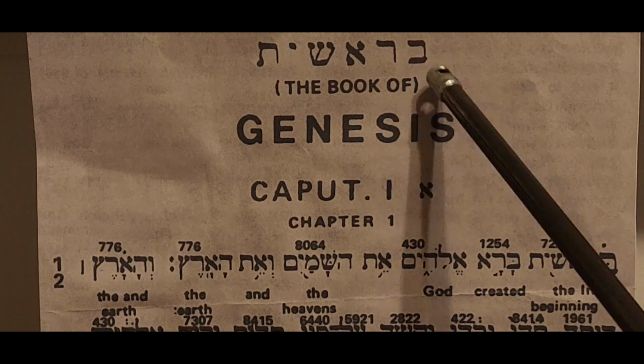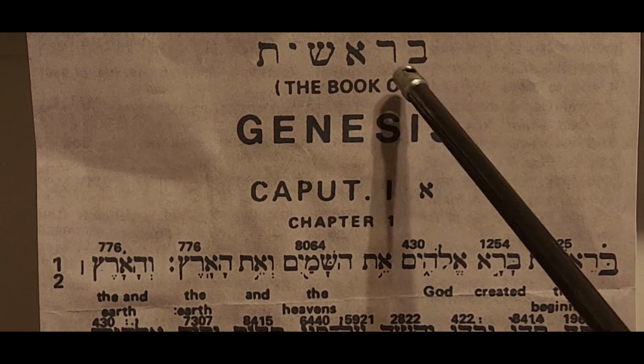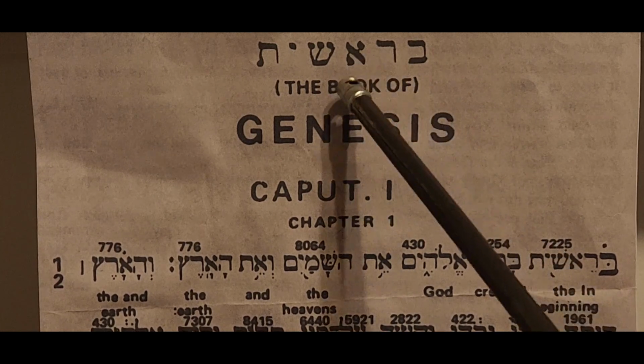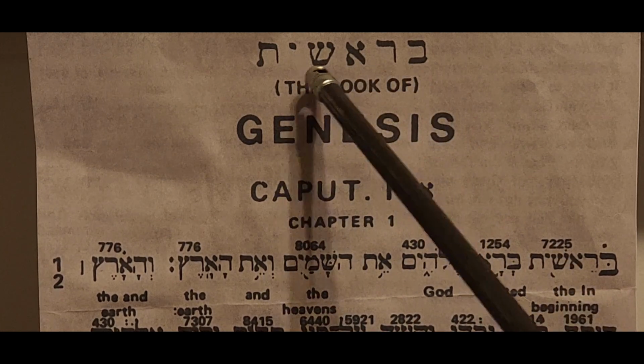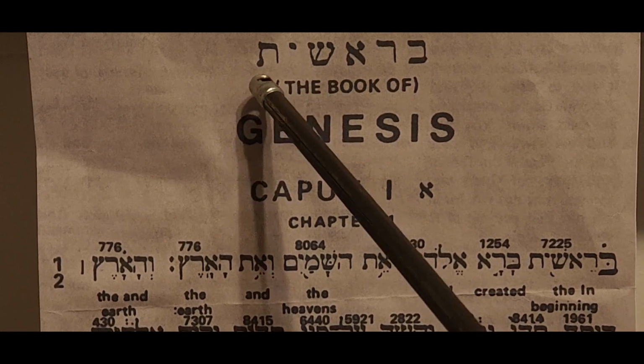The first word that we can read here is Bet, Resh, Aleph, Shin, Yod, Tav.